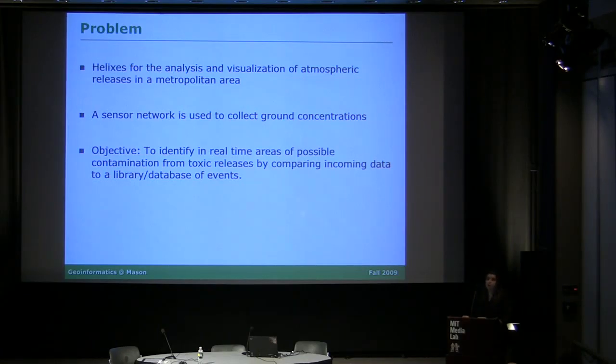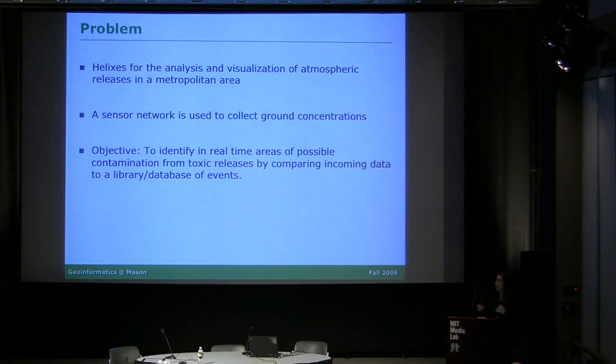And if yes, how? In this case, we have a sensor network placed on the ground, which collects ground concentrations. The objective here, and I emphasize the word real time, is to identify where we could have potential contamination areas before it happens.